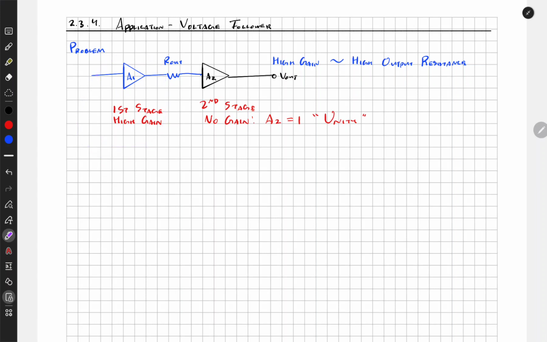And then you will have another requirement that says the output voltage swing needs to be very high and also needs to have very low output resistance below a certain value. And so that's what this second stage, which we also call the voltage follower, provides.